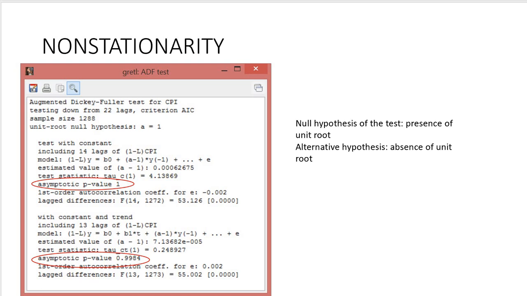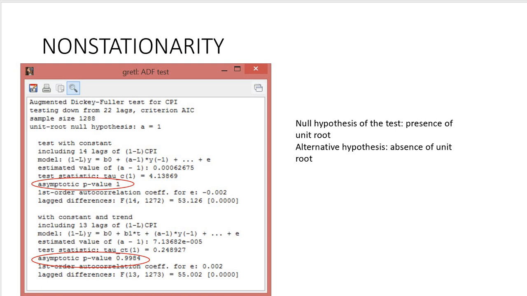In this test, the null hypothesis states that unit root is present, and the alternative hypothesis states that unit root is absent. And as you can see, based on p-value, we do not have sufficient evidence for rejecting the null hypothesis. In other words, we have to conclude that data is indeed non-stationary.